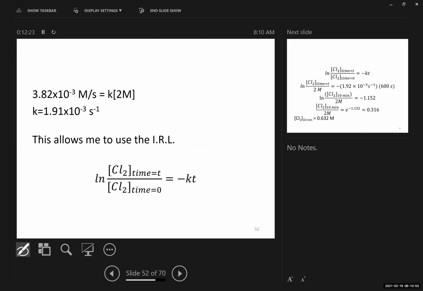It's first order, right? A little subtraction gives me the actual rate constant. That does operationalize my integrated rate law, right? As long as I know the initial concentration, which I did, and as long as I know the rate constant, which I now do, I can find the remaining chlorine concentration at any time.